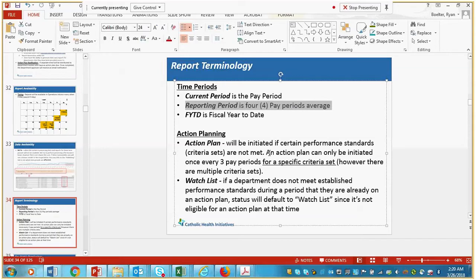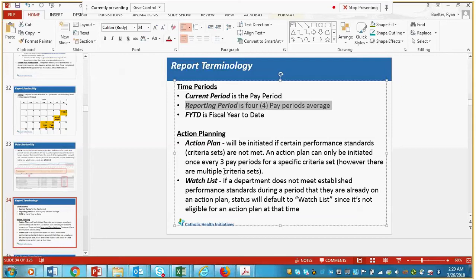When it comes to action planning, which we're going to get into in more detail later, what you're going to learn is action plans are only eligible every 3 pay periods for a specific standard. So that's a little different from what you had in Visionware. In other words, there's certain performance standards that will be established.